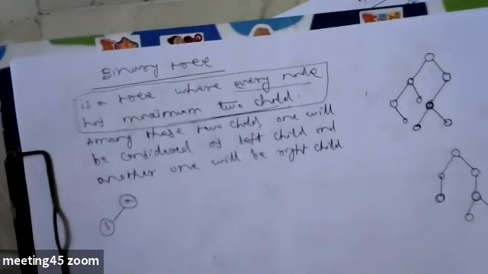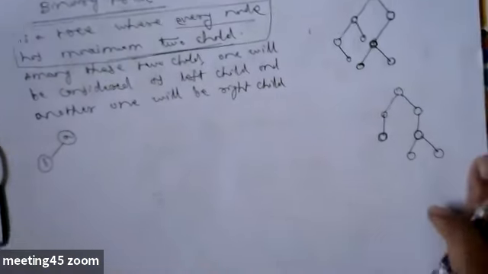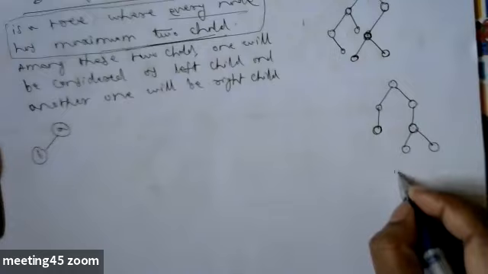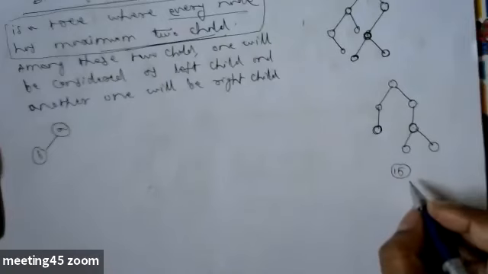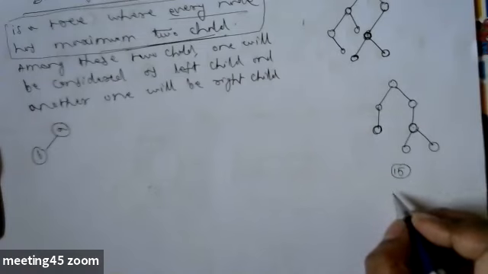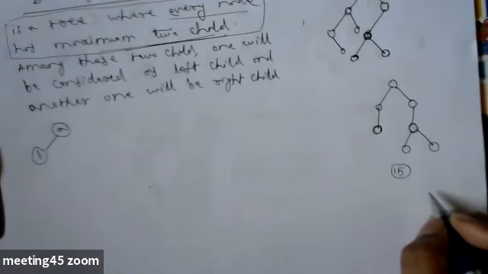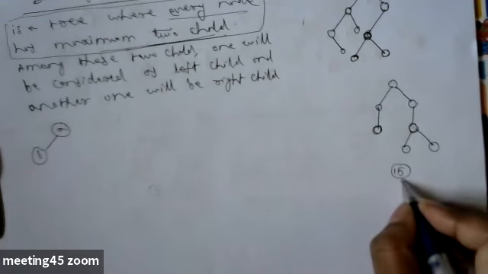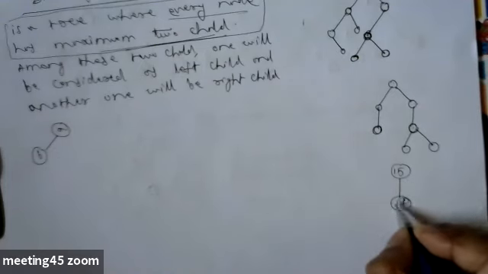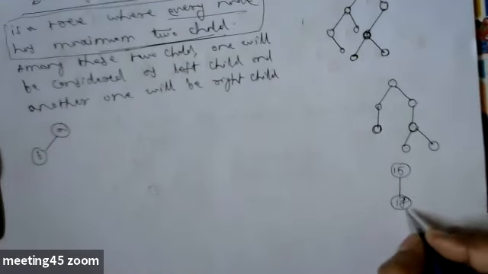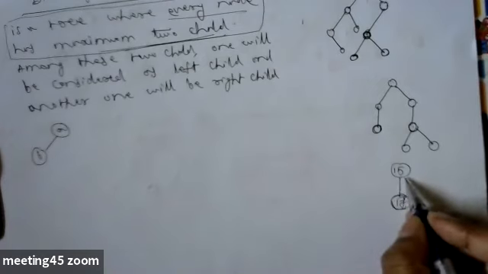But there is one more difficulty that comes into the picture. Let's see. Say I have 15 and I am maintaining a tree where the left child should be less than 15 and the right child should be greater than 15. Then if I add 17, you cannot decide whether it is left or right, and in which side you have to connect it.